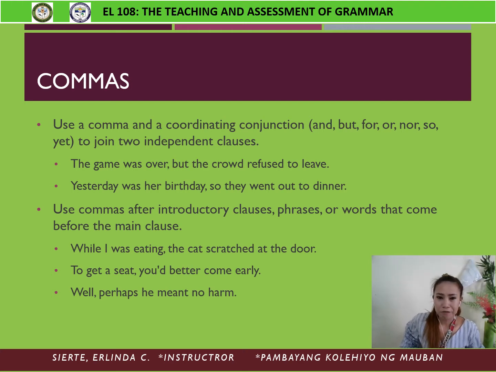Use commas after introductory clauses, phrases, or words that come before the main clause. Examples: "While I was eating, the cat scratched at the door." Next statement: "To get a seat, you'd better come early." And the last statement: "Well, perhaps he meant no harm."